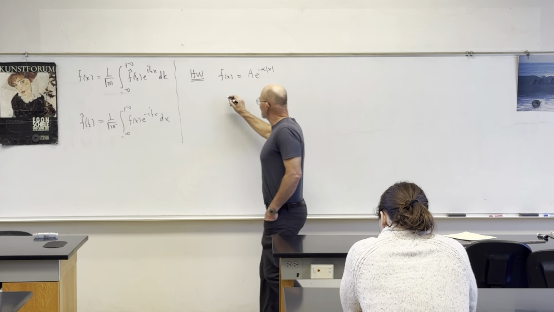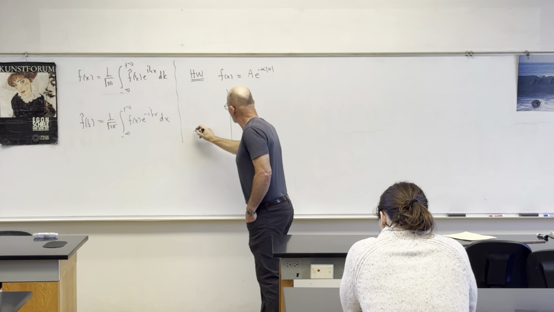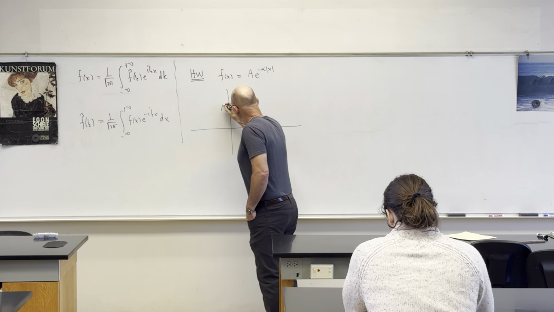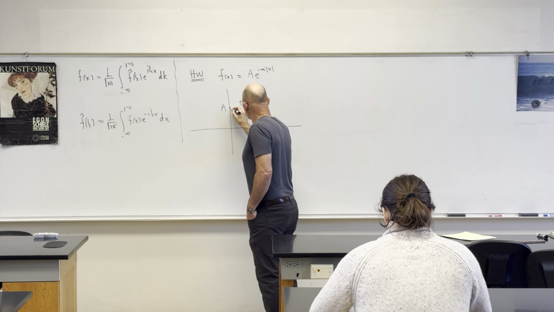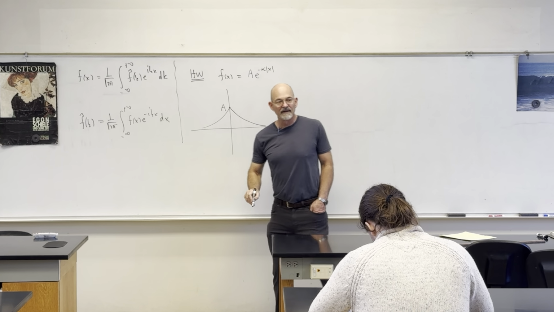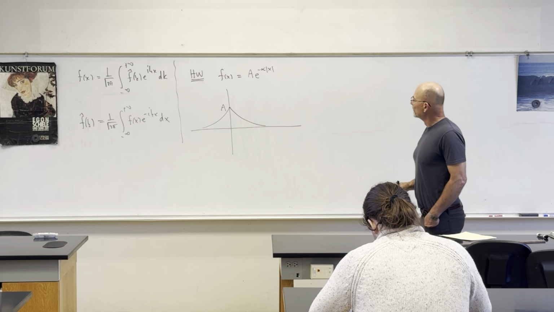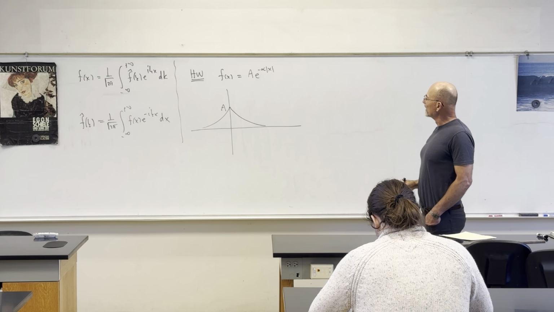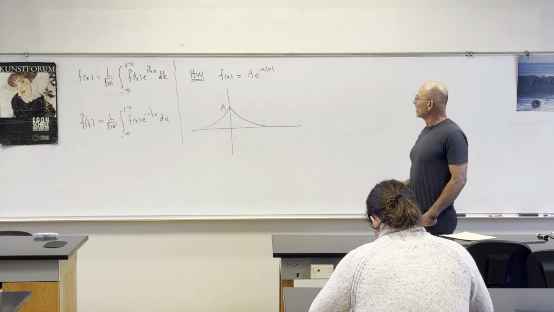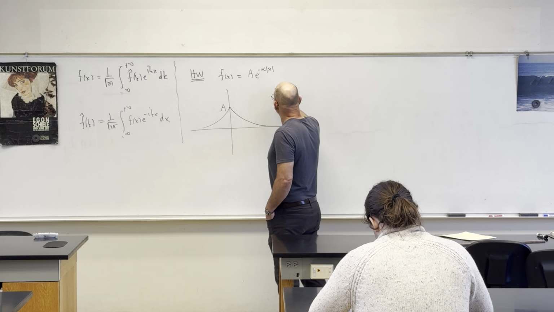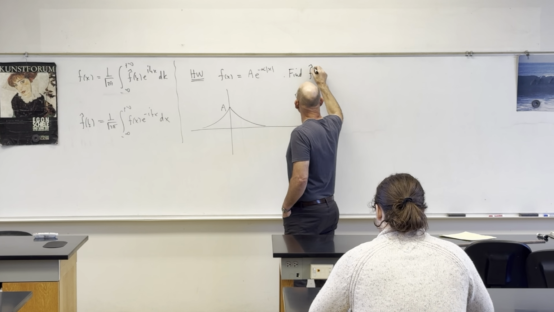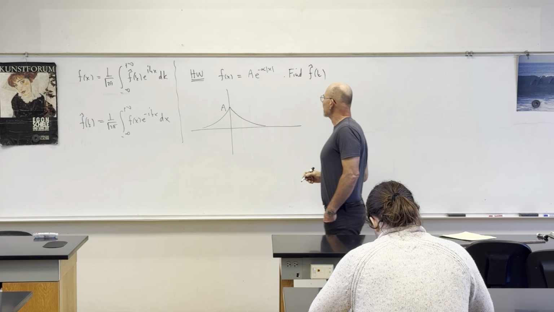So first we look at this thing, and it's equal to a right here, and I've just constructed it to decay exponentially left and right. So we would want to get the Fourier transform of this function. So find f hat of k.